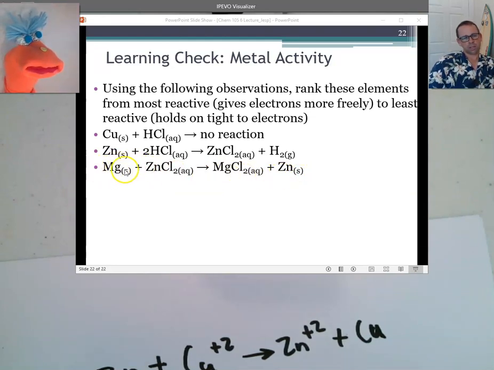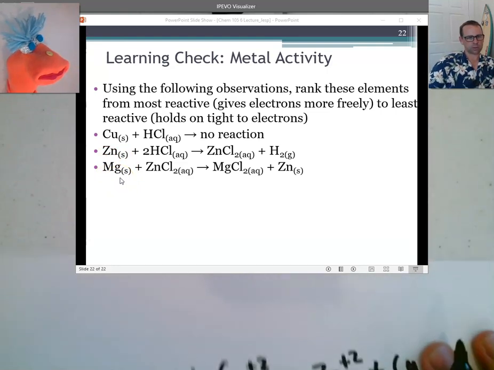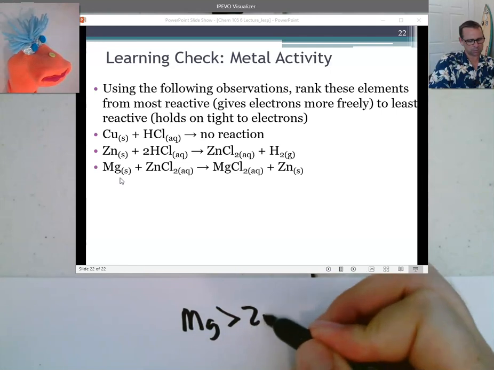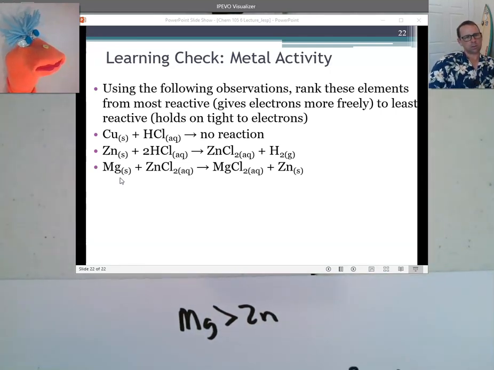So we're learning that who is more active, zinc or magnesium? Magnesium is more active because it gave up its electrons for zinc. Very good. So we could write that down. Who's more active, magnesium or zinc? Magnesium is more reactive than zinc. Okay, what about this one up here?